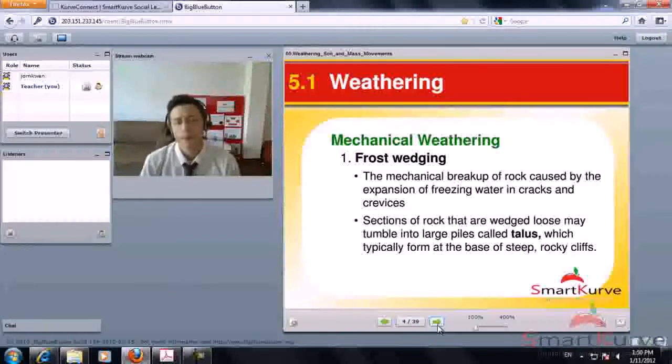Now you might be wondering, how in the world can ice break a rock? Ice breaking a rock makes no sense. A rock is stronger than ice, right? Well, it's important to remember that when water freezes, it forms crystals.